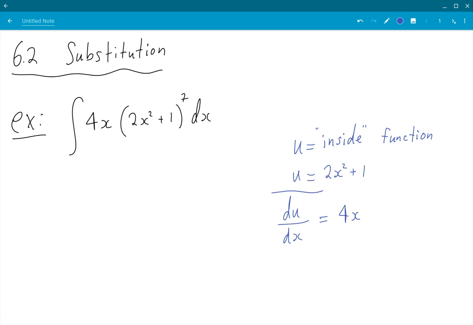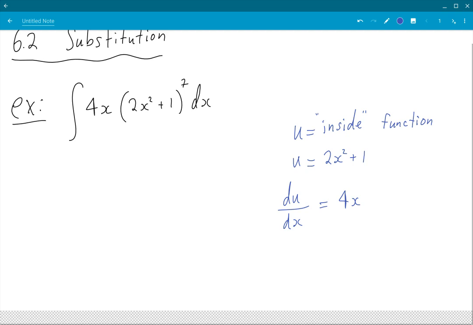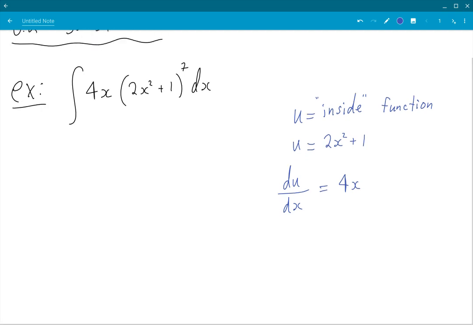Then I do a derivative, okay? We will use the Leibniz notation. So take a derivative of this guy here. Now I'm going to do something a little bit strange.